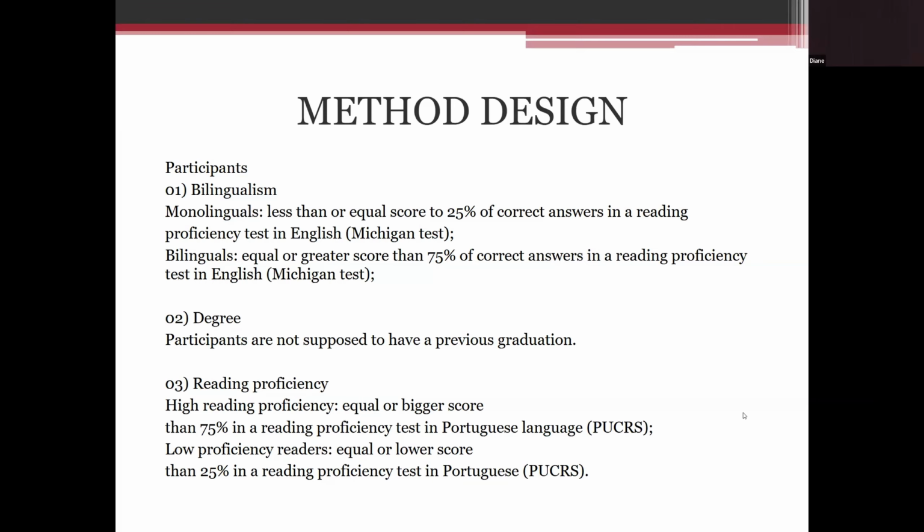They weren't supposed to have another graduation. This is the second variable. And the third one, the reading proficiency that I mentioned before with the bilingualism. So with the scores, the next slide, please.